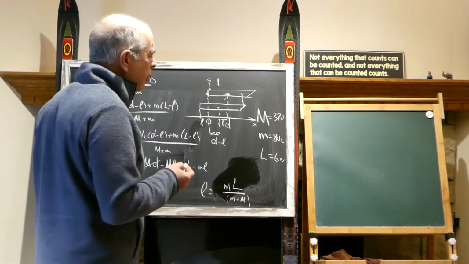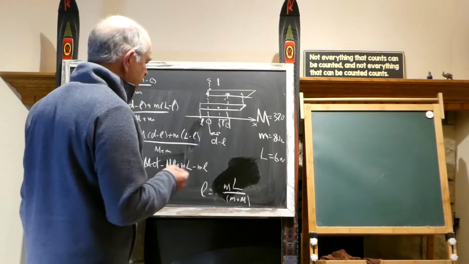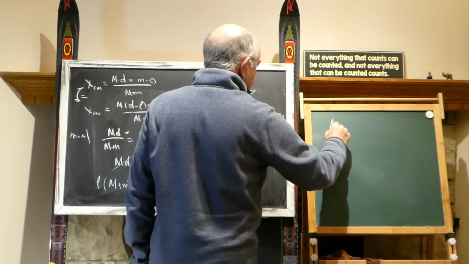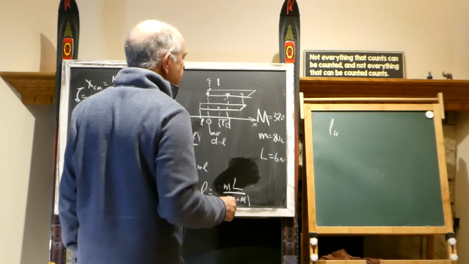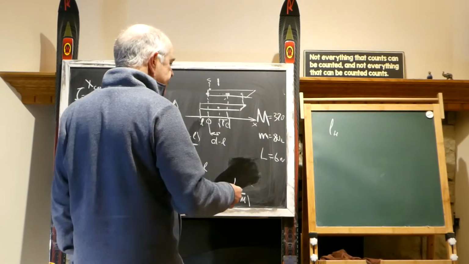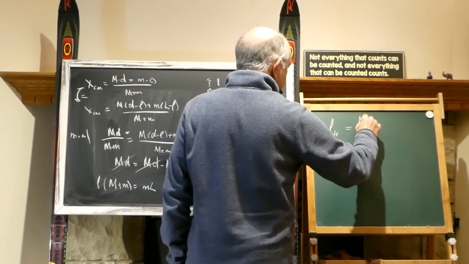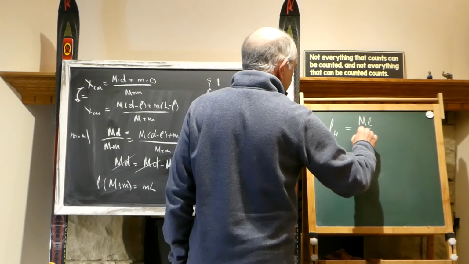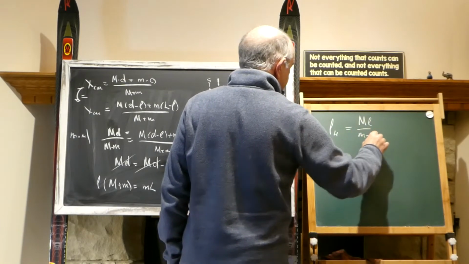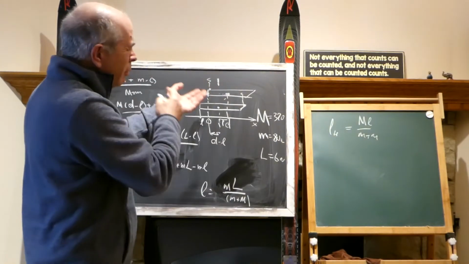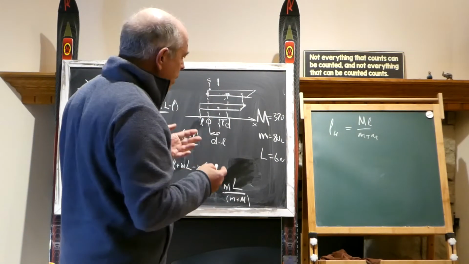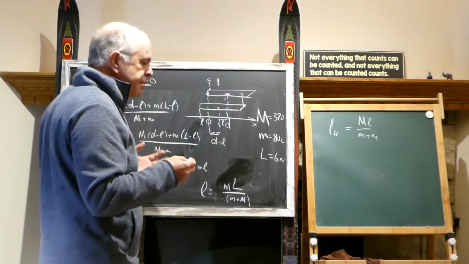And I can tell right away from the principle of symmetry that l human, the distance the human moved against the bottom, should be ML over M plus m. Because the boat and human are kind of the same, and the result should be symmetrical.